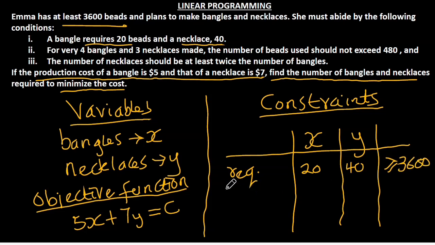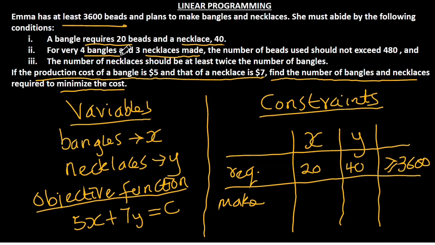3,600. The second constraint that we can see from this question is that for every 4 bangles and 3 necklaces that are made, so here the constraint that we are going to write is simply make. You can use your own words so that you can identify each constraint.